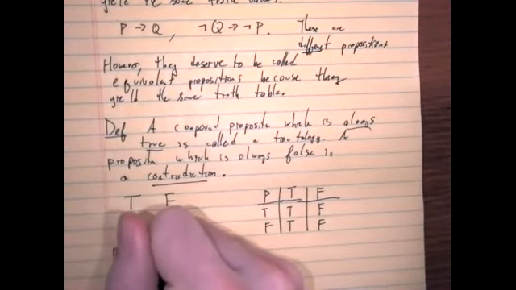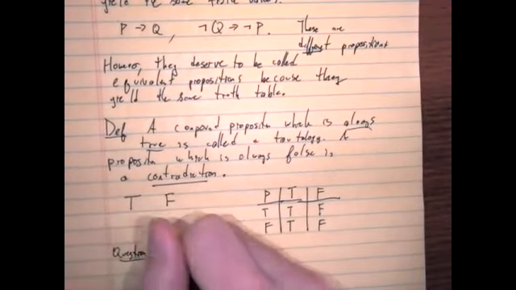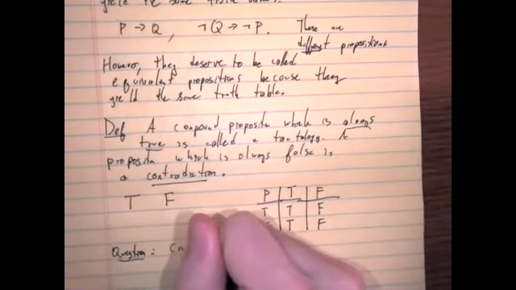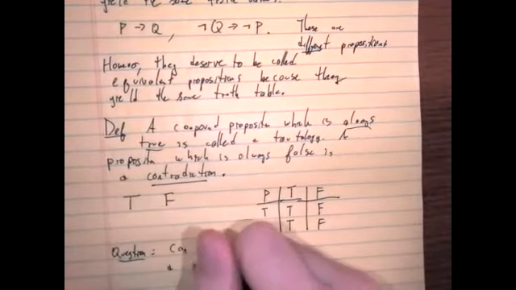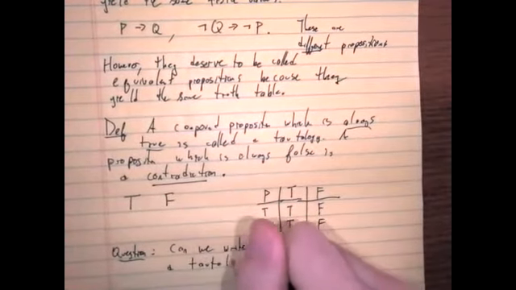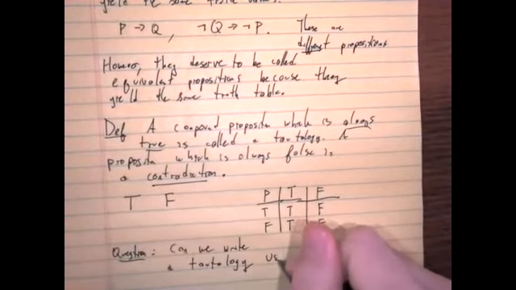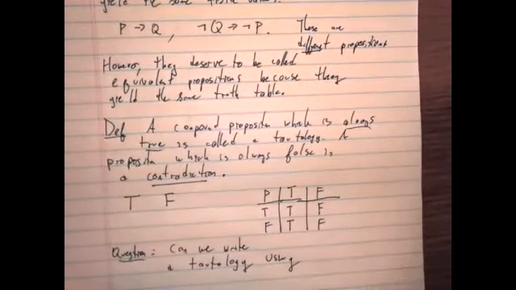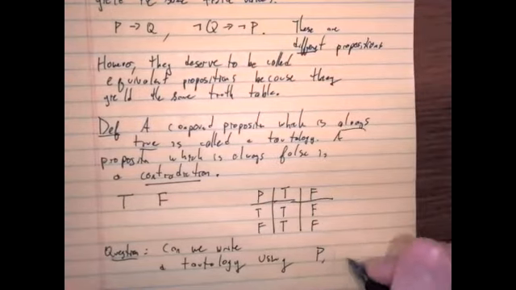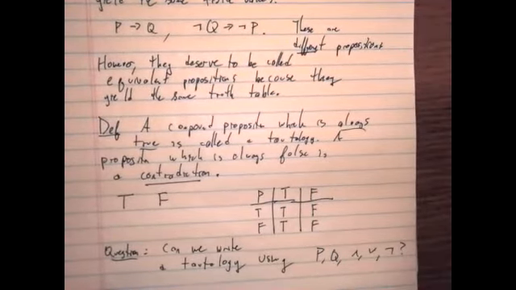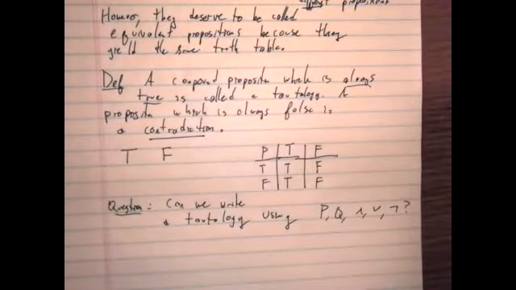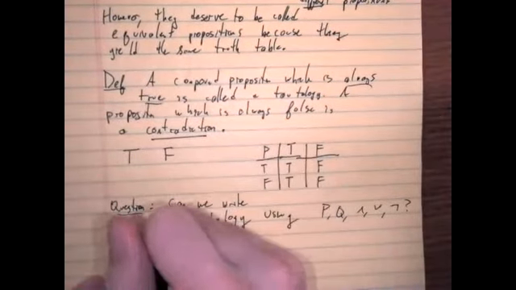So false is a proposition which is always false. Question. Can we write a tautology using P's and Q's and ands, ors, and negations? How do I spell that T word, tautology?